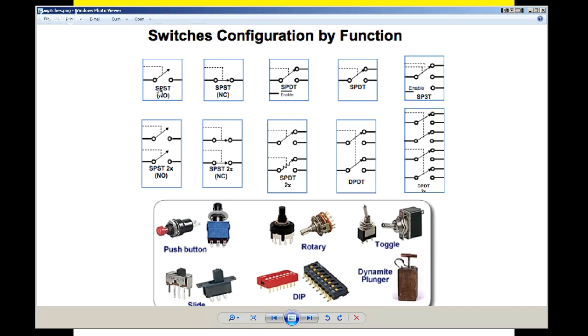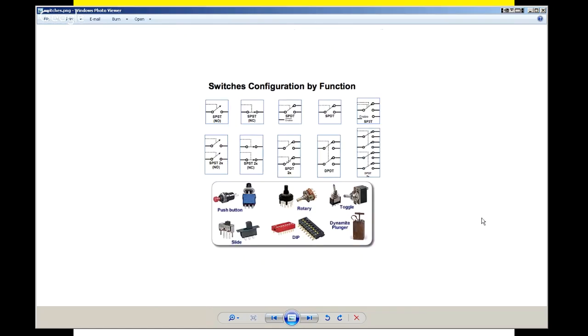This indicates here a single pole, single throw, normally open. This indicates it's a single pole, single throw, normally closed or active. And you can get that same kind of indication by looking at these as well. Rotary switches, slide switches, push button switches, toggle switches. There's all kinds of different types of switches out there.